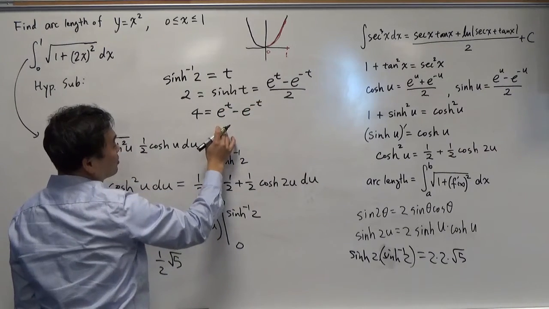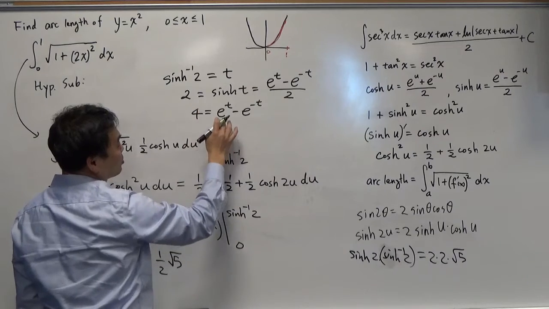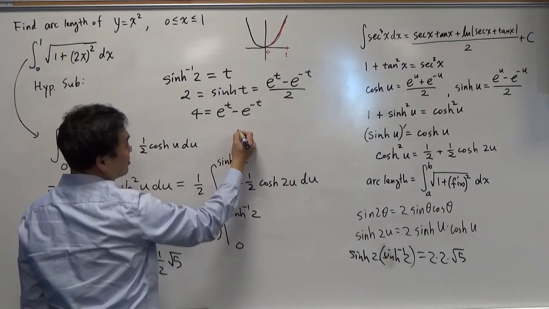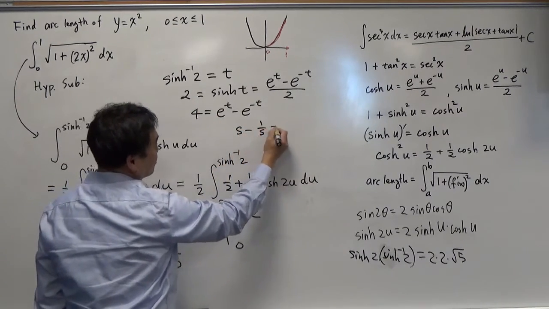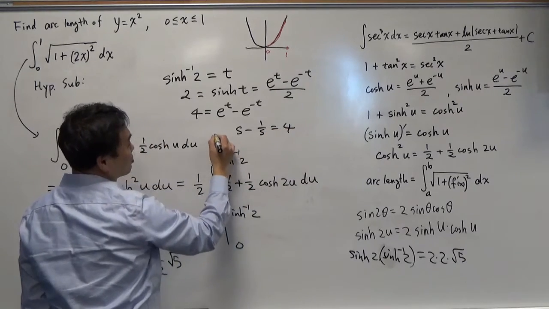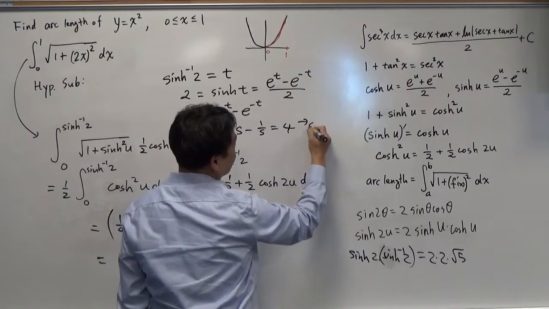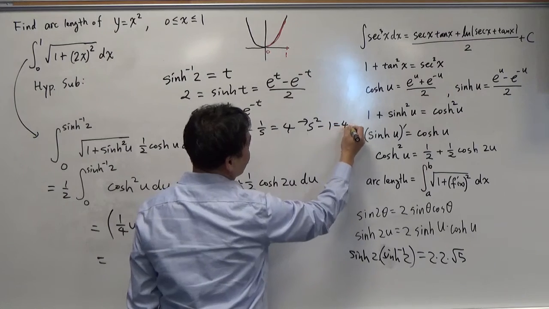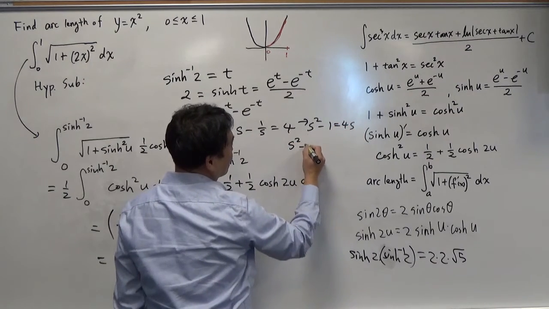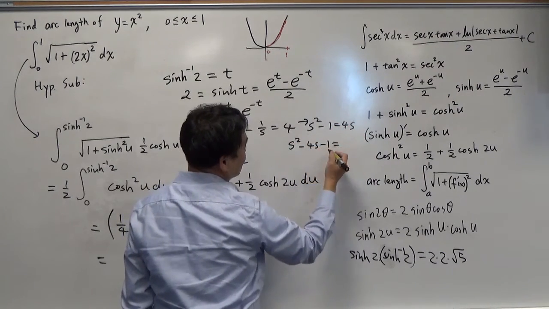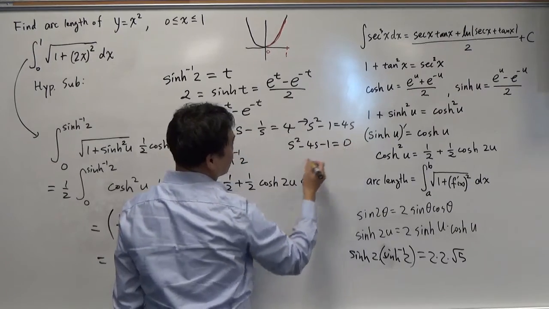And then you can, again, do change of variables to say this is like s minus 1 over s equals 4. If you multiply by s both sides, it's going to be s squared minus 1 equals 4s. So s squared minus 4s minus 1 would be 0.